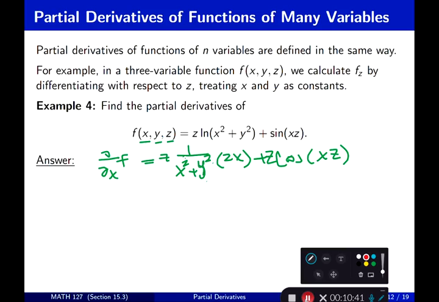Now let's take the derivative with respect to y.